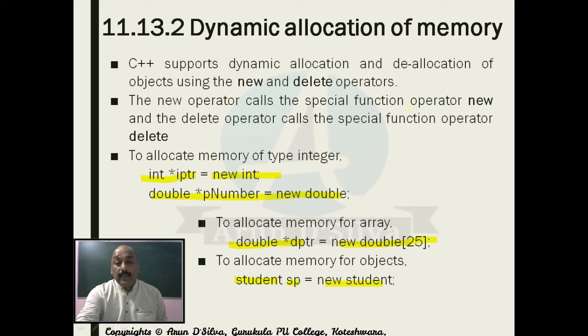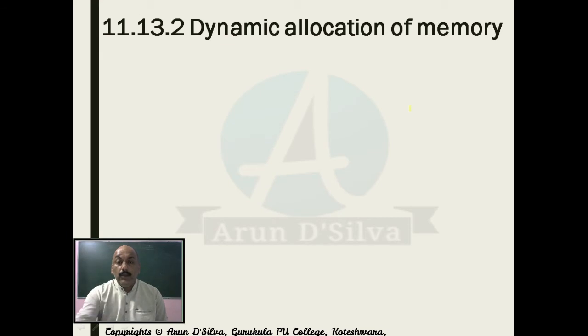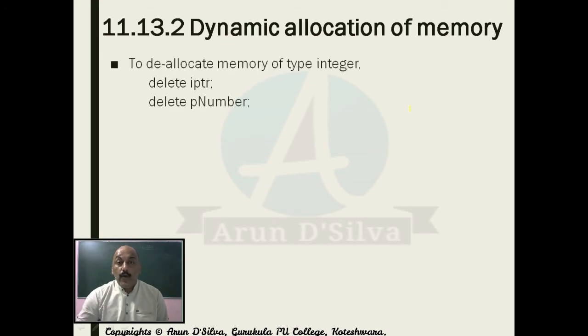Going a little forward, let me tell you how we can deallocate the memory after completing that work. We have to release the memory we have blocked, what you have allocated for a particular variable, and make it free. That is possible by using the delete operator.